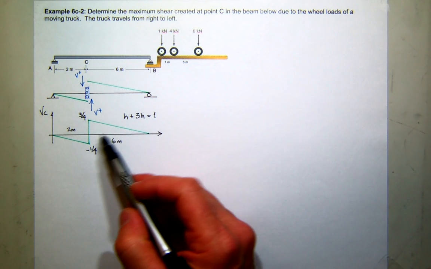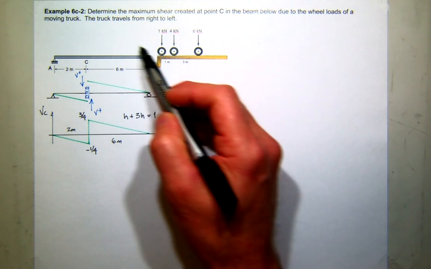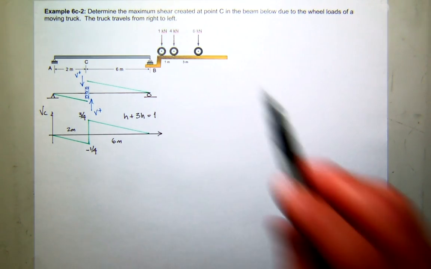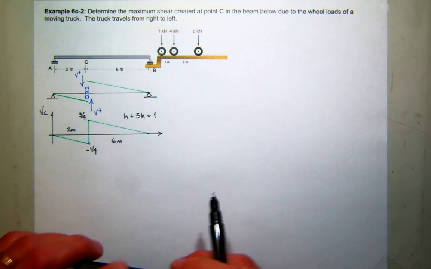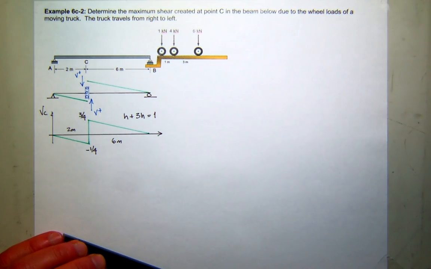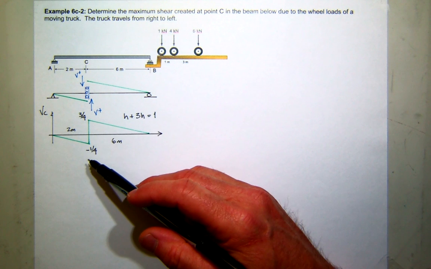So now we're going to use this influence line with these moving loads as they go from left to right, and we're trying to find the maximum shear. So how many cases are we going to have? 3. Do you think the shear is going to be more maximum positive or negative?